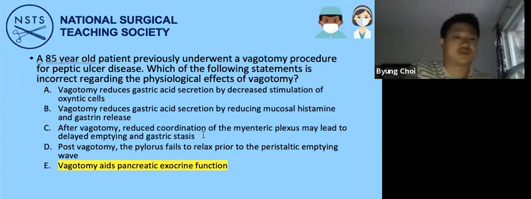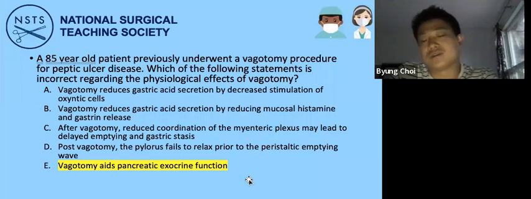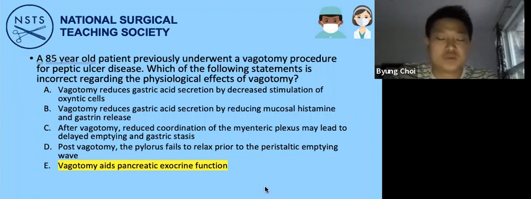You can go the other way too. You can get hyperactive emptying when you get a vagotomy because you hold on to less in the stomach, and also you get essentially uncoordinated peristalsis from the myenteric plexus, which can give hyperactive emptying.